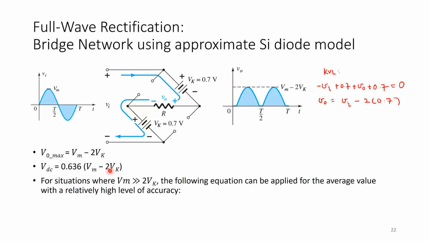And for situations where Vm is really larger than the forward voltage, the following equation can be applied for the average value with a relatively high level of accuracy, which is just 0.636 Vm. This is shown by the last example when we changed the input voltage from 20 volts to 200 volts in the previous video.